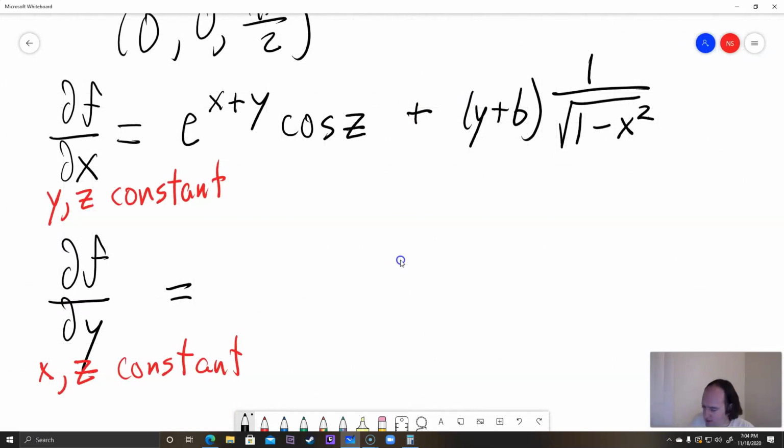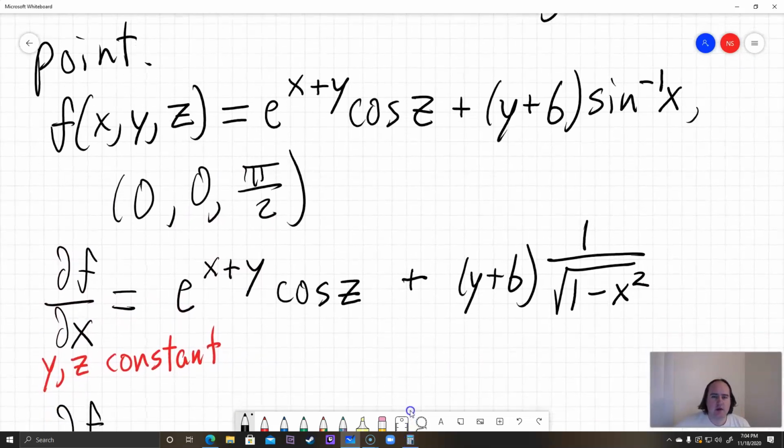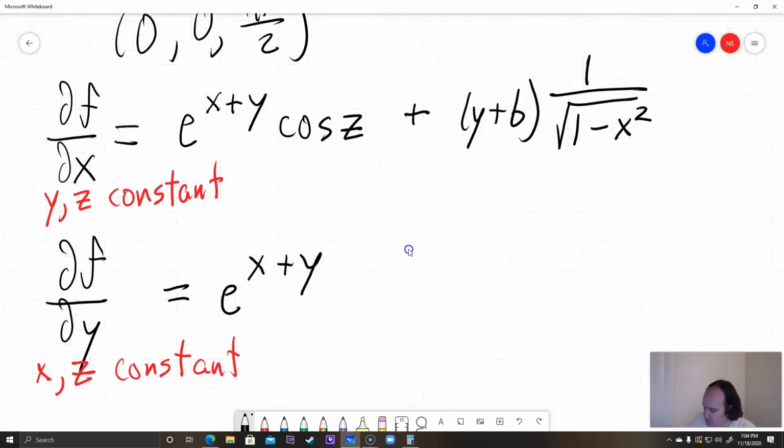So this first term is still going to be e to the x plus y times cosine of z. Right, because the derivative of e to the x plus y is e to the x plus y times 1, but if it's 1, we don't need to write it. And cosine of z is constant since z is constant.